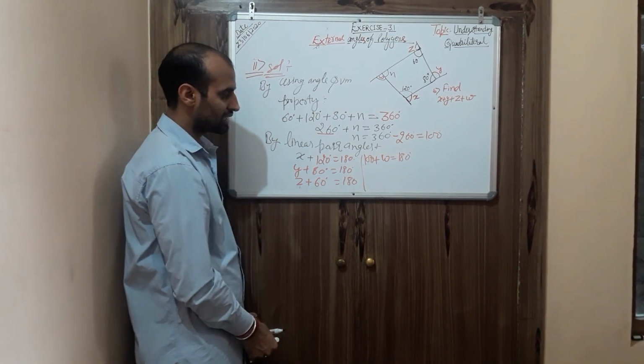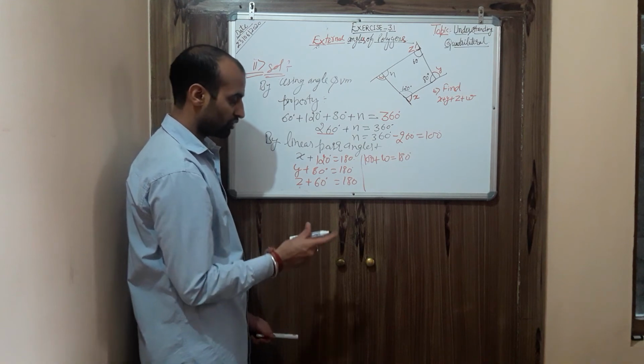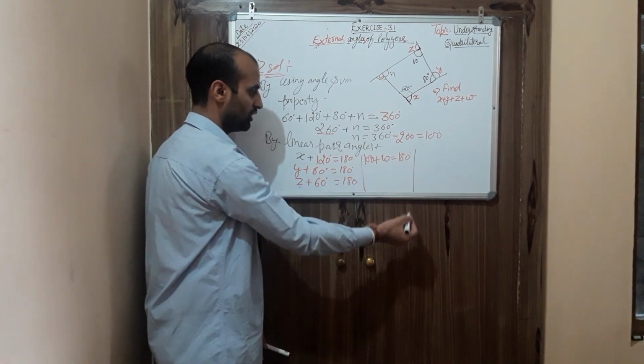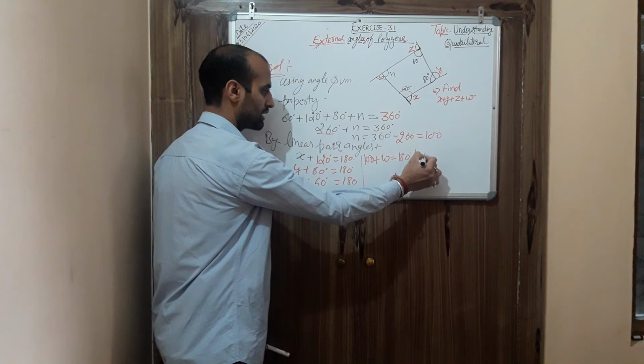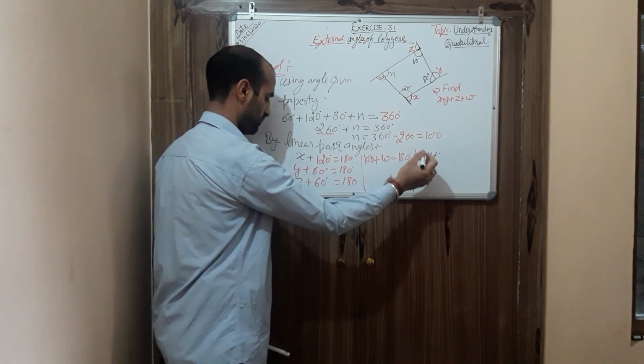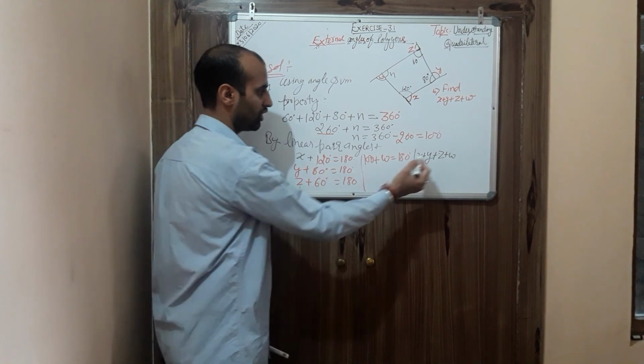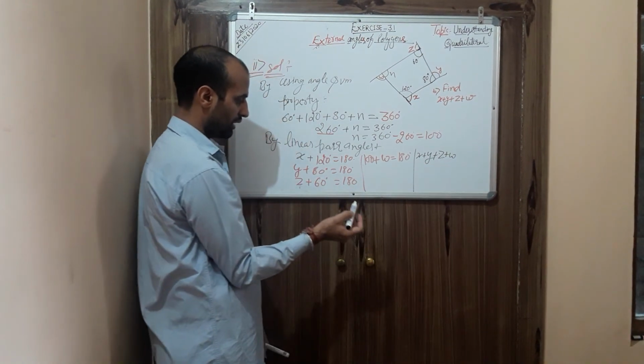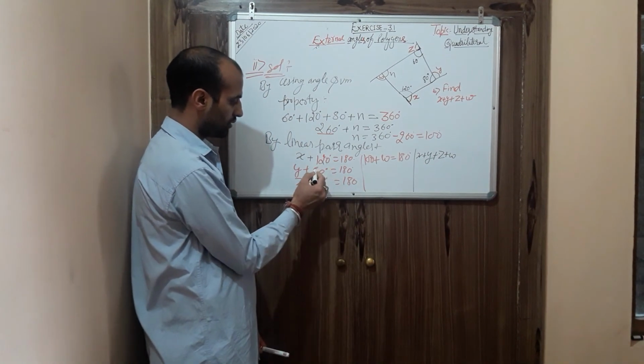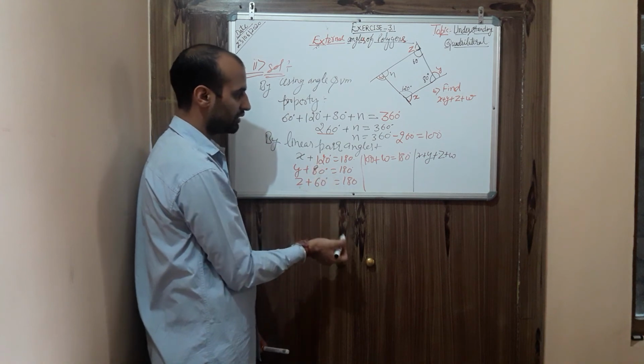So the next task is to add all. If you are adding all, you will get x plus y plus z plus w, along with the interior angles, which we have already calculated.